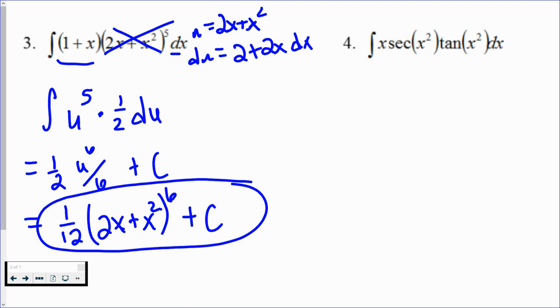So what if we make our u x squared? Our du would be 2x dx. If we try using that, let's rewrite in terms of u.